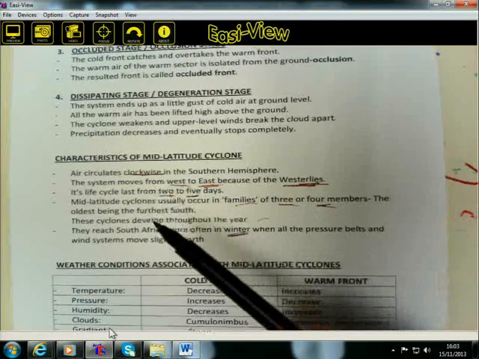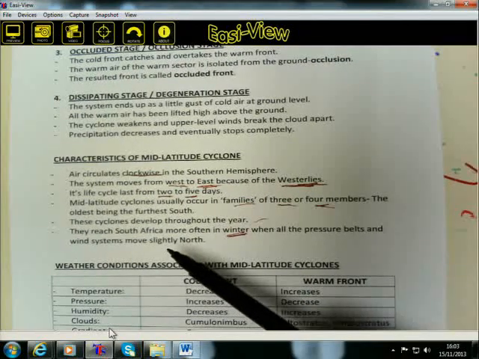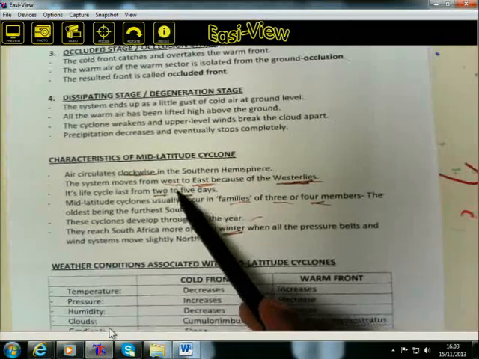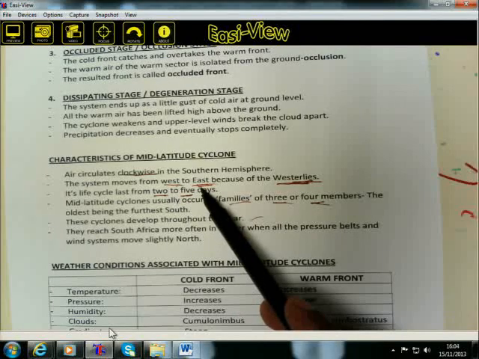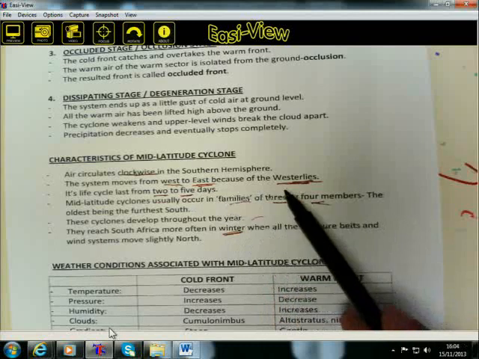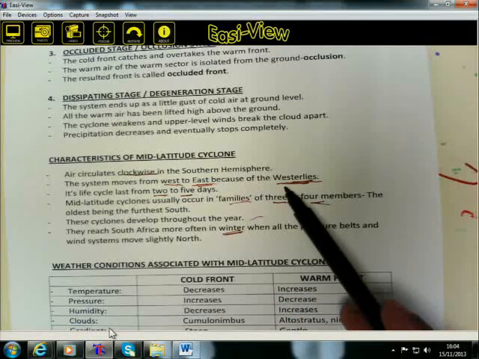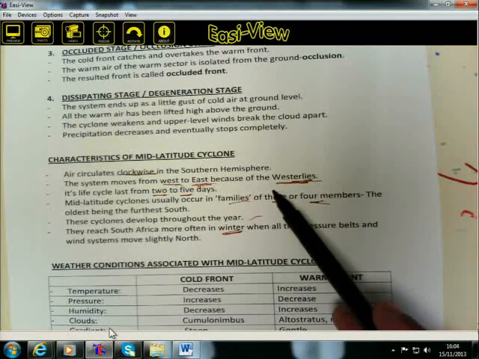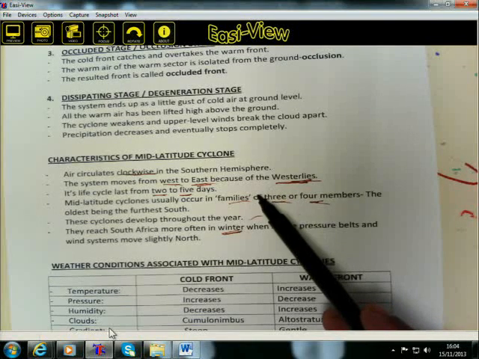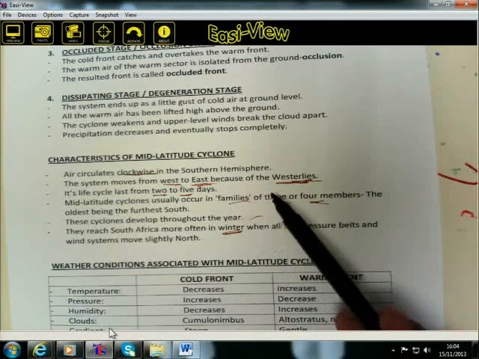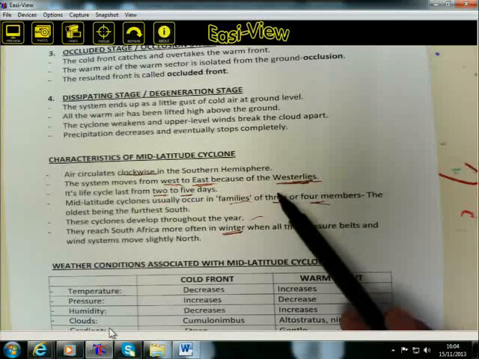Now, when the question says, what is the movement of the whole system, then we are saying the system moves from west to east. And the reason for that is the westerlies. The mid-latitude cyclones, after being formed, are pushed from west to east by the westerlies.